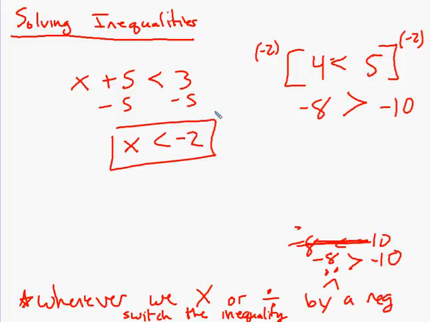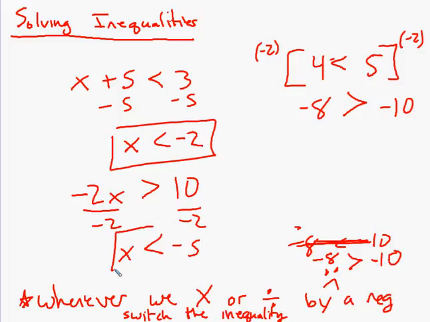So that serves as an example of why when I'm solving these, like if I had negative 2x is greater than 10, in order to solve this, I would divide by a negative 2. Because I divide by a negative 2, I need to remember this situation and flip that around. I switch the direction of my inequality.